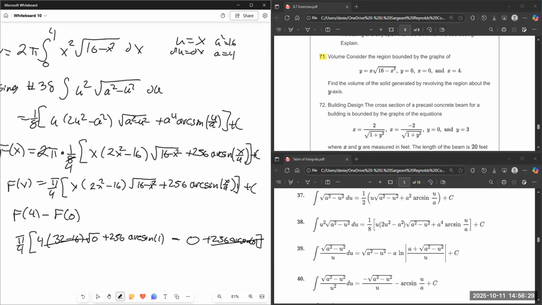That's 0. So this is pi over 4 times 256 times pi over 2, which is 256 pi squared over 8. 8 goes into 256 32 times, and my answer is 32 pi squared cubic units.